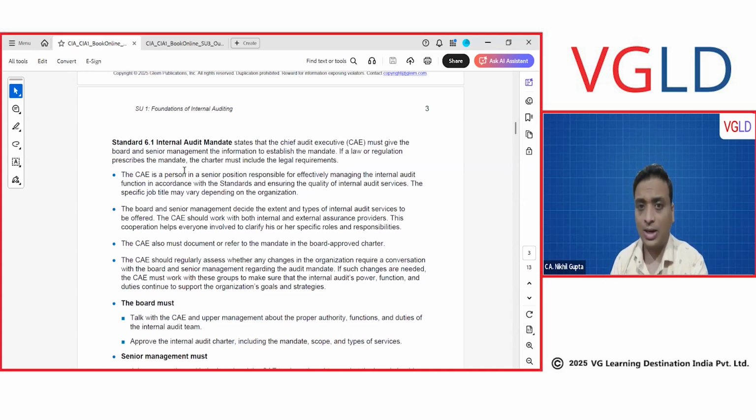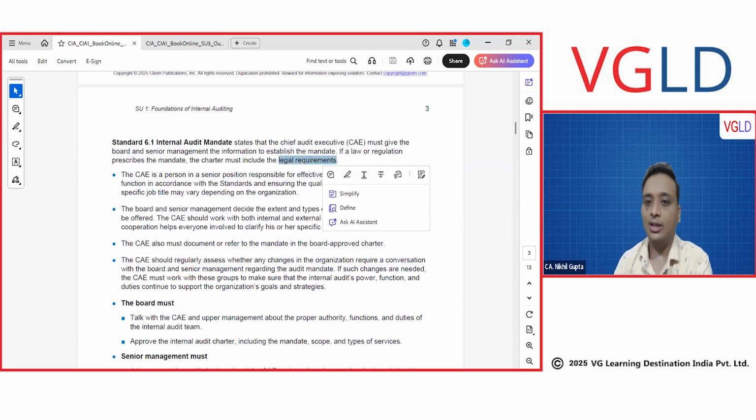I'll explain these practical life examples as well. It will really help you going forward when we step into the relevant topics. If a law or regulation prescribes the mandate, the charter must include the legal requirements.